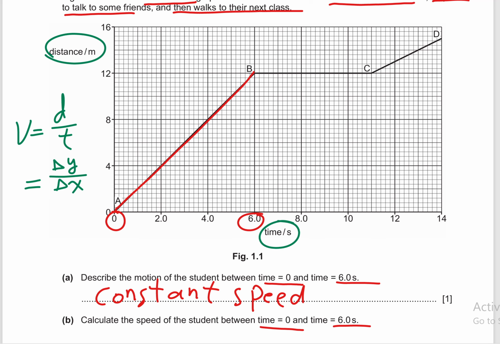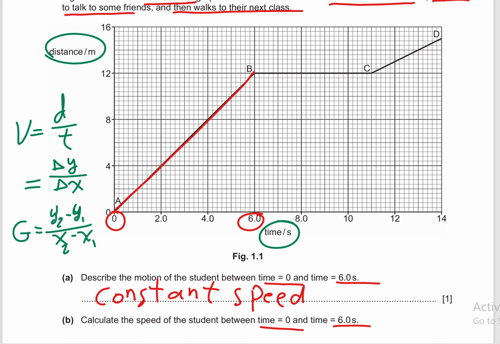Remember, when they ask you to calculate something which is the division of the two axes, you have to find the gradient, which is y2 minus y1 over x2 minus x1. This is always the case when they ask me to find something which is the division of the two axes.